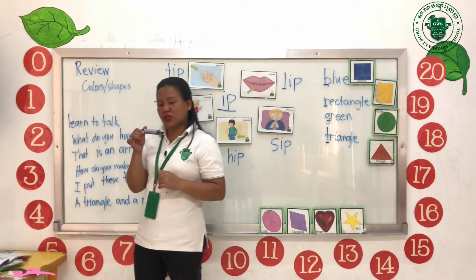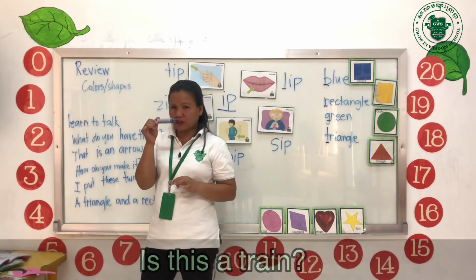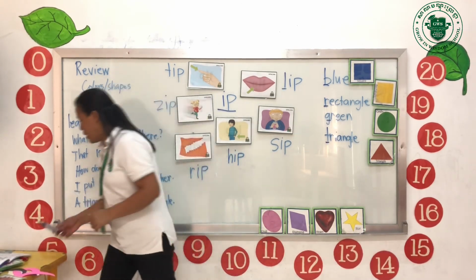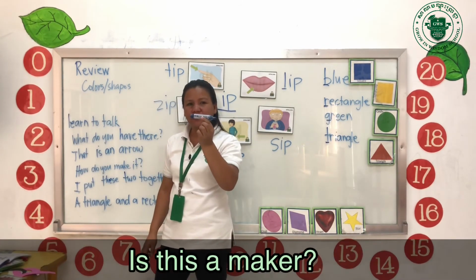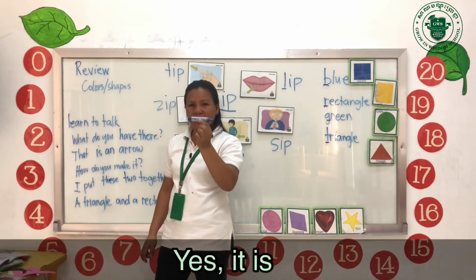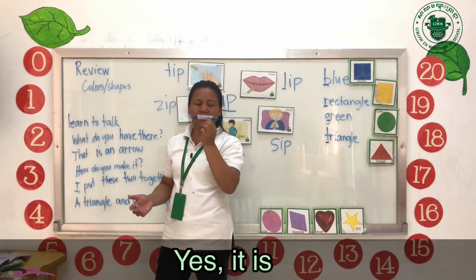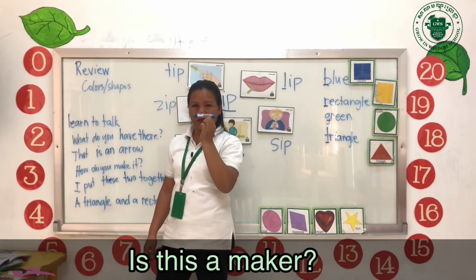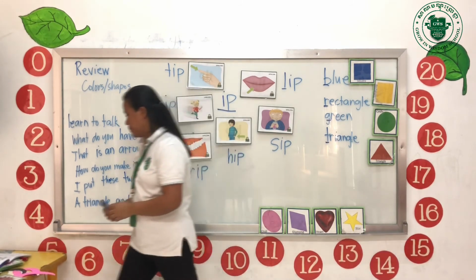I will ask you again the question. Is this a train? Good job. Now, how about here? Is this a marker? Yes, it is. Everybody say it again. Yes, it is. Again. Is this a marker? Good job.